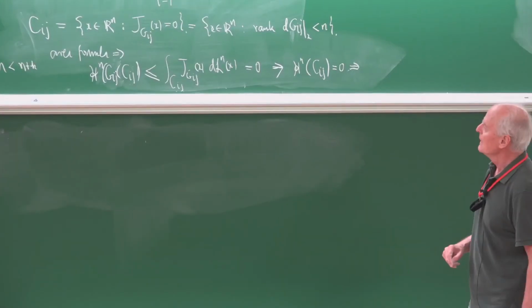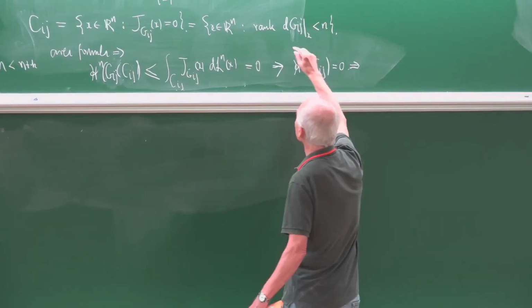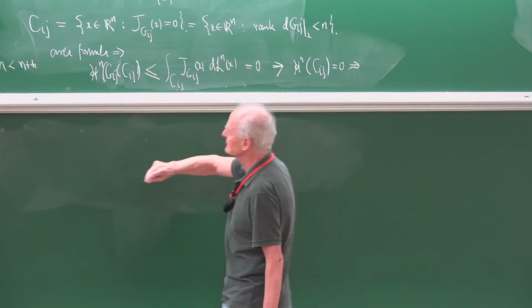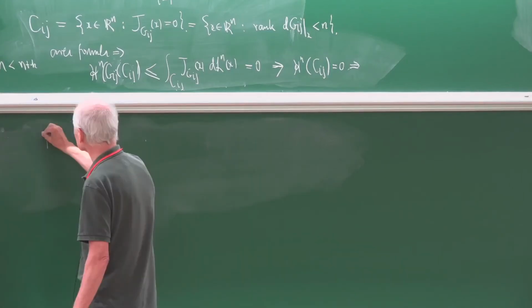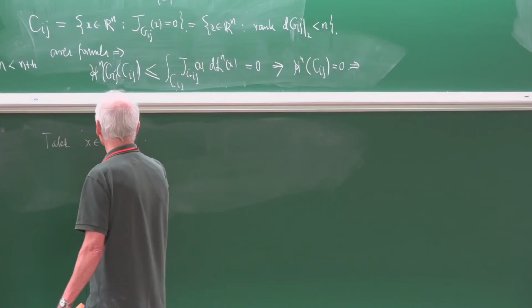Now what about the set of points where the rank is equal to n? So take x in Gij with rank equal to n, in other words, the Jacobian of Gij at x is not equal to 0.